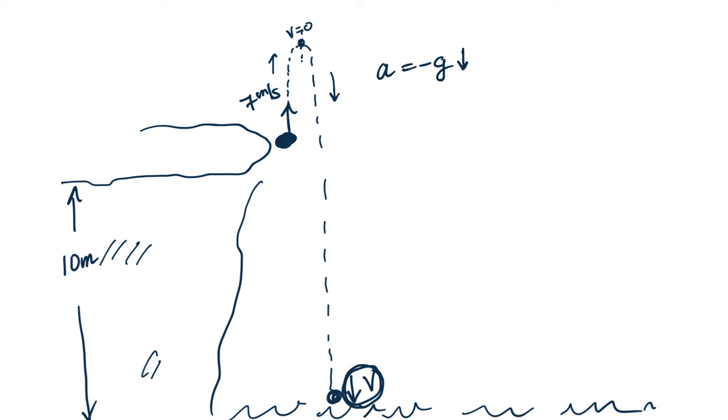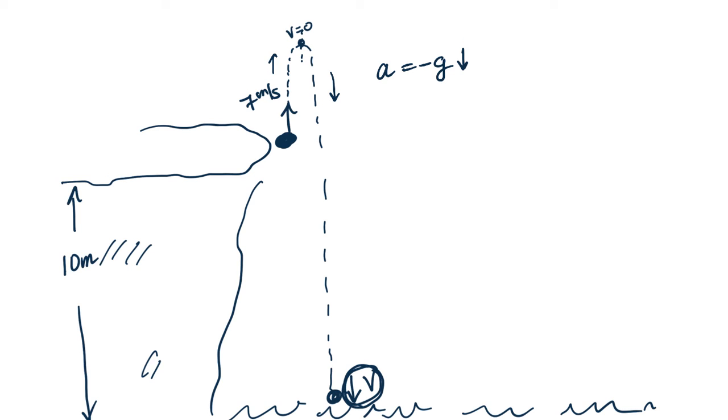And that downwards acceleration works against the upwards positive velocity, and it's going to slow you down. When the velocity switches direction and points down, the acceleration is also pointing down. The two of them work together, and they actually speed you up. And so even though on the one hand you're speeding up and on the other hand you're slowing down, the acceleration's direction is not changing. It's just the direction of the velocity relative to the acceleration.